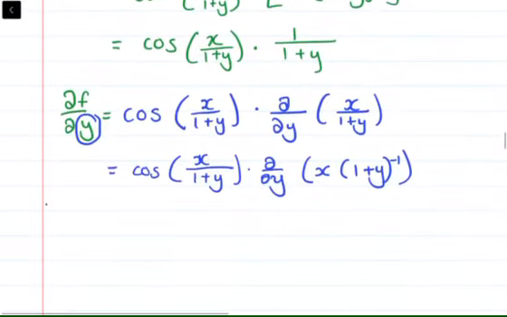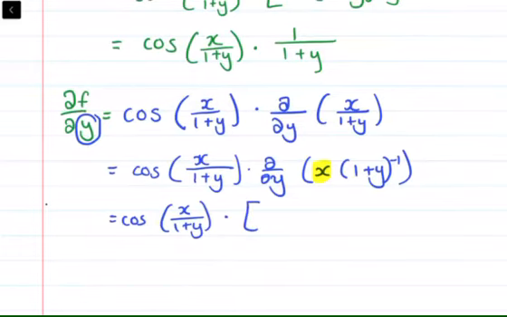So what happens now? Remember that since we are trying to find the partial derivative with respect to y, it means that we treat x as a number. Okay? So that means that this is equal to cos of x over 1 plus y multiplied by, since x is a number, we keep it there, and then let us now find the derivative.